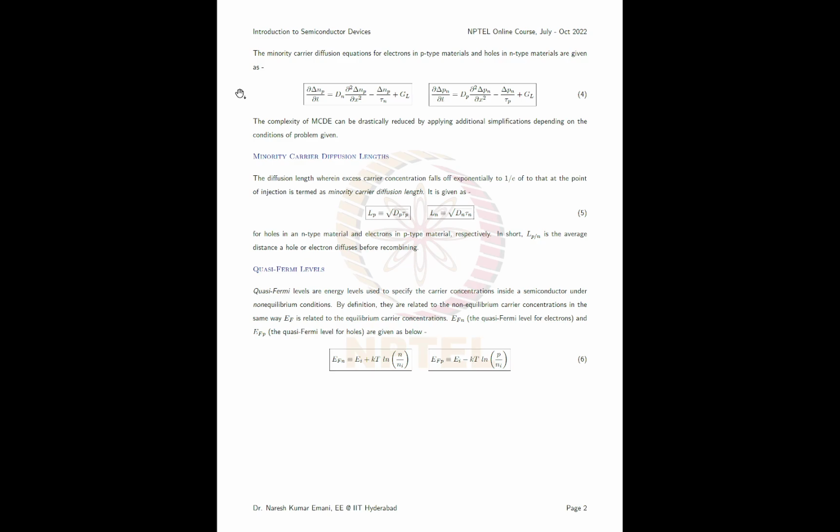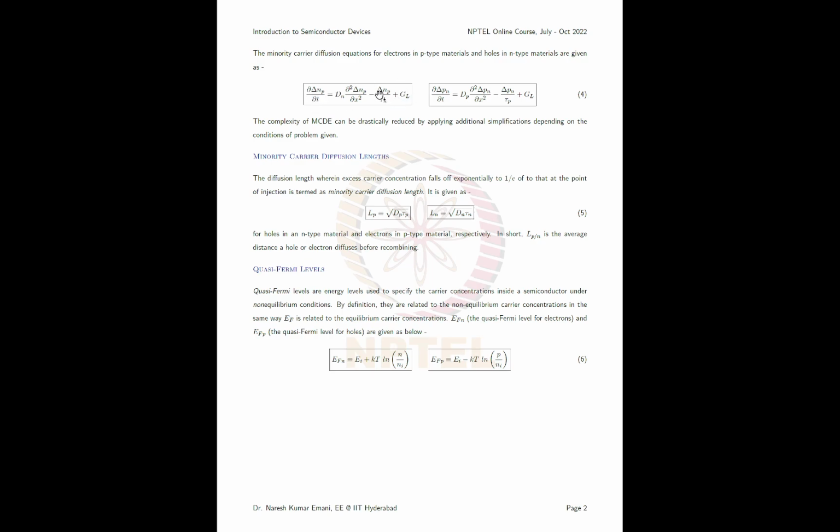Under these assumptions, the minority carrier diffusion equation for electrons in p-type materials or holes in n-type materials is given as these. Del delta np by del t equals Dn del square delta np by del x square minus delta np by tau n plus GL.